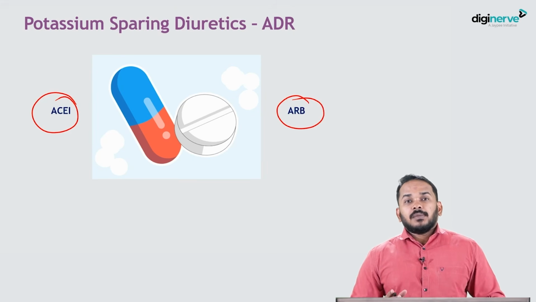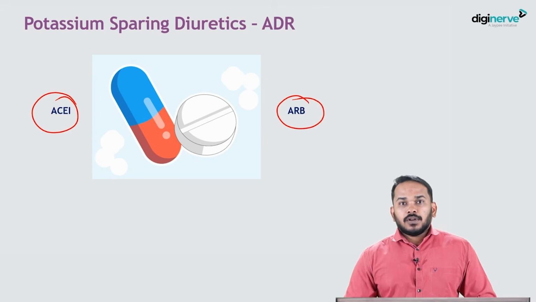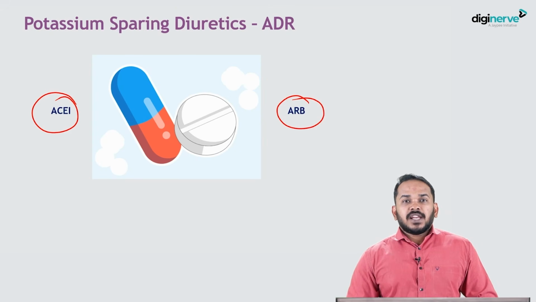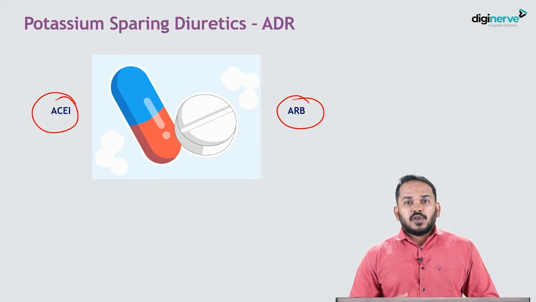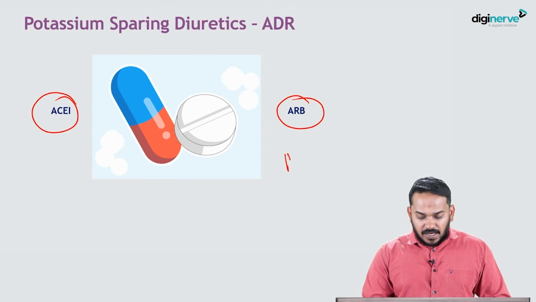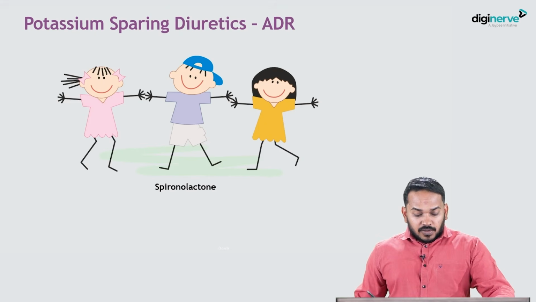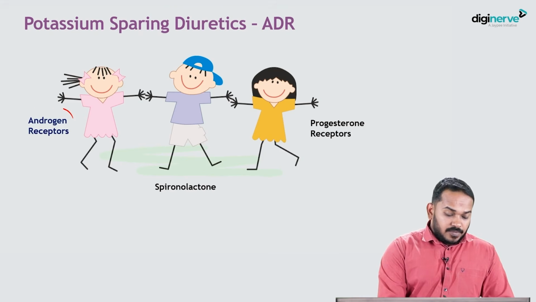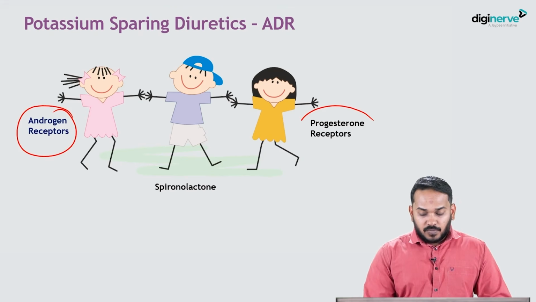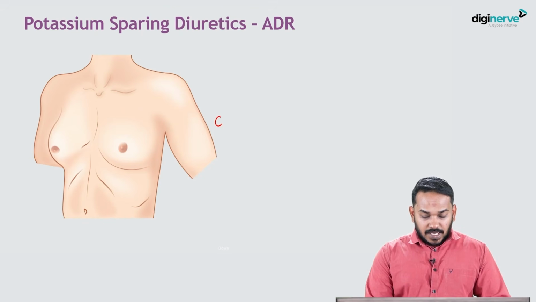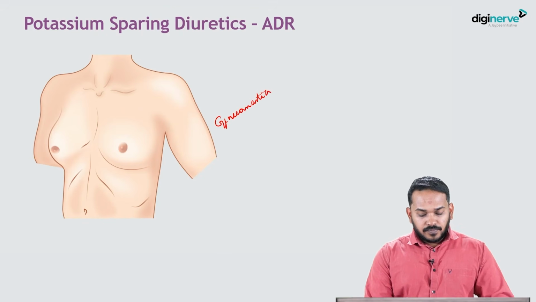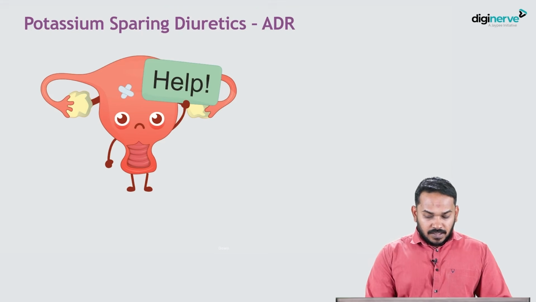ACE inhibitors and ARBs produce hyperkalemia on their own. So if you are combining potassium sparing diuretics along with ACE inhibitors or ARBs, it can produce severe hyperkalemia. And spironolactone has got affinity for receptors of androgen and also progesterone, hence produces gynecomastia, impotence, and menstrual irregularities.